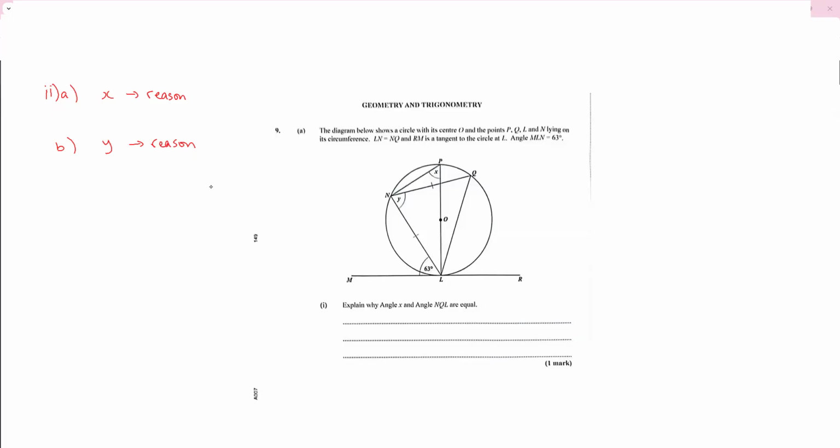All right, so let's take a look at this first part. It says the diagram below shows a circle with center O. So we're identifying that this is your center right there, and you're supposed to be able to recognize that this is your diameter.